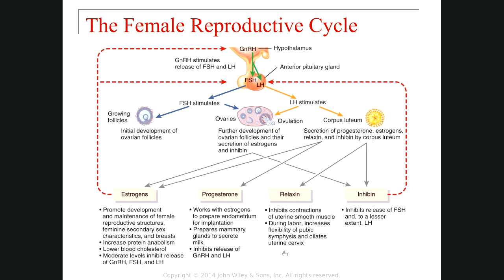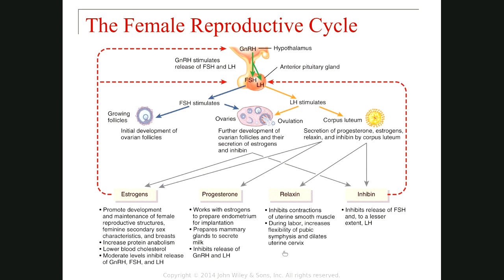During pregnancy, the placenta produces much more relaxin and it continues to relax uterine smooth muscle. At the end of pregnancy, relaxin also increases the flexibility of the pubic symphysis, and it can help dilation of the uterine cervix and help delivery of the baby.